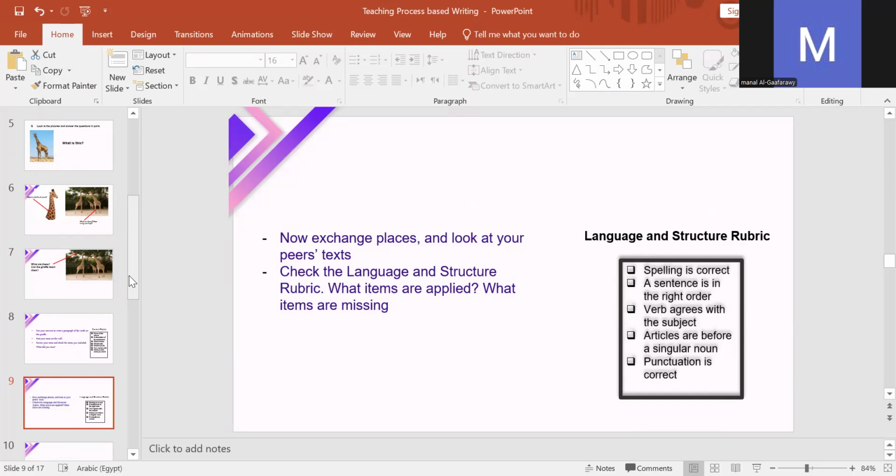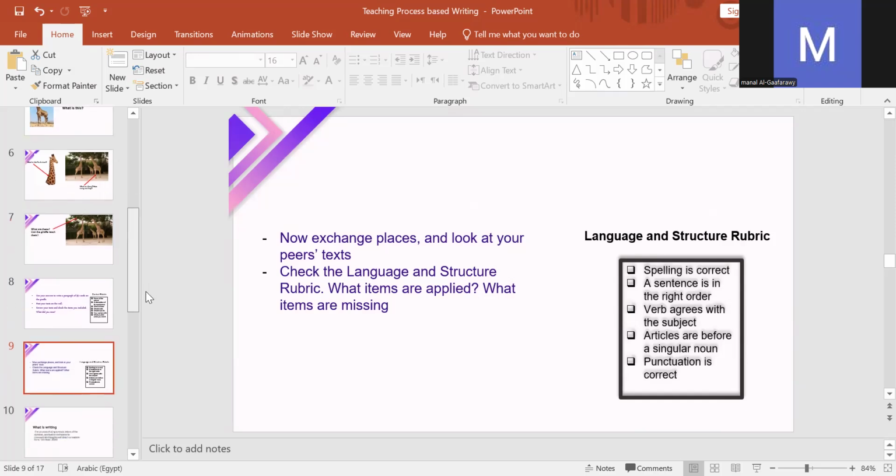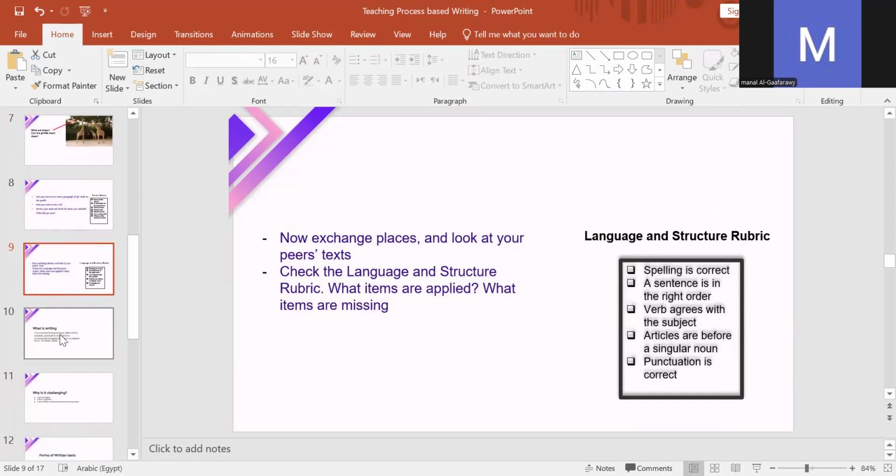So students are given a chance to think and are given a chance to write single sentences, okay? And afterwards, they make use of the sentences they produced to make a bigger text. In addition to that, they're given a chance to look at the content and to look at the grammar mistakes or the language and structure problems and to fix them.